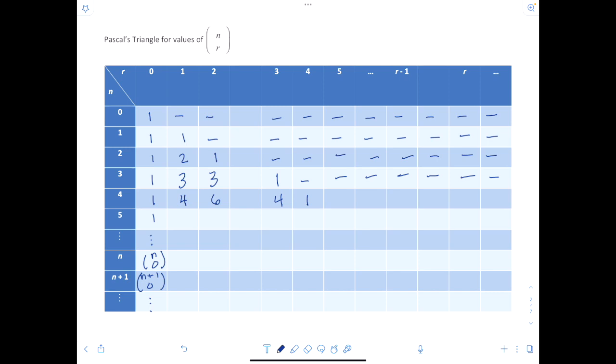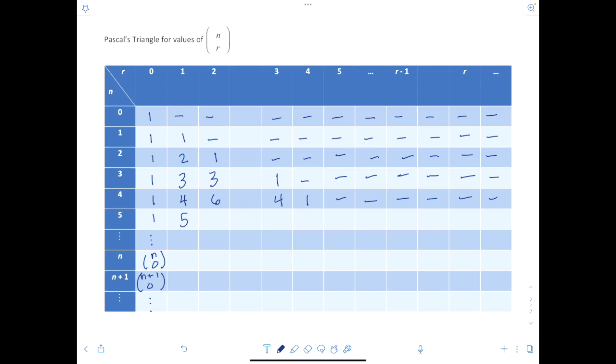Now, here's the cool stuff. Now we have 5s, and all of this other stuff won't make sense. 5 choose 1 is 5, and notice how they're all going up here. And then we have 5 choose 2.